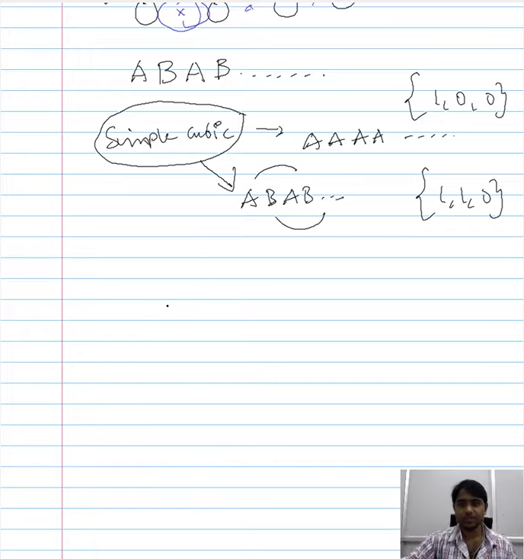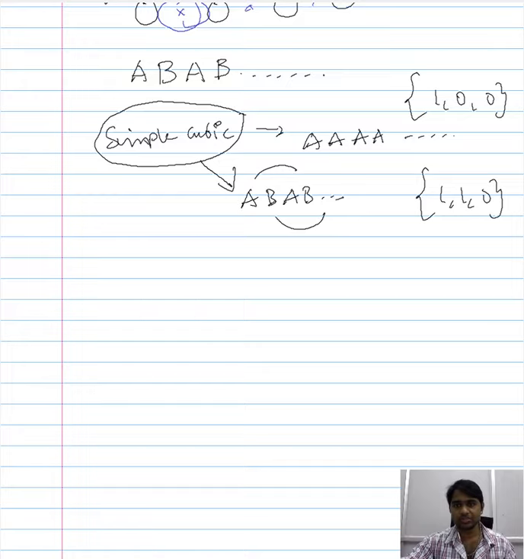Now, so far we have been largely focused on the simple cubic structure, and like we saw earlier, the simple cubic structure is very rarely adopted by the materials that we see in real life. So for the sake of understanding the stacking sequence, let us look into another crystal structure which is fairly common in the materials that we observe in the real world.